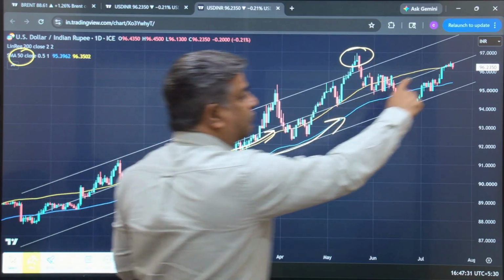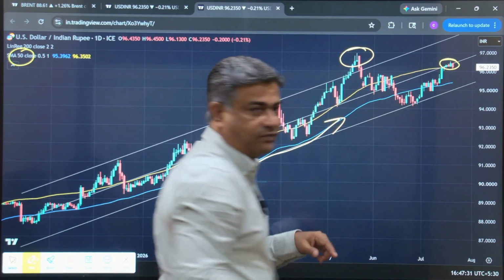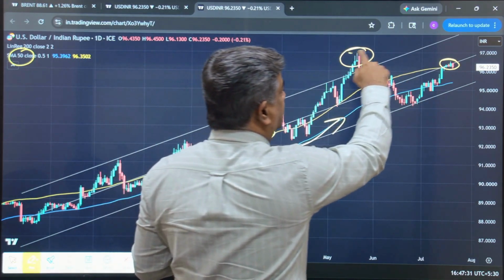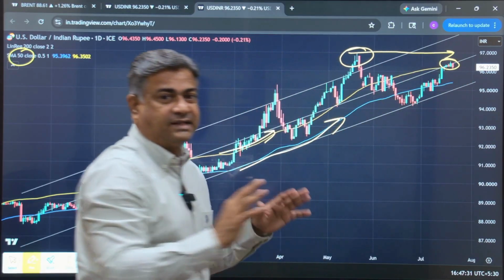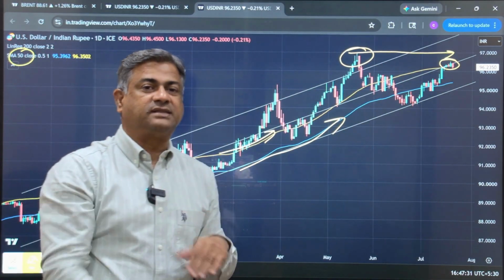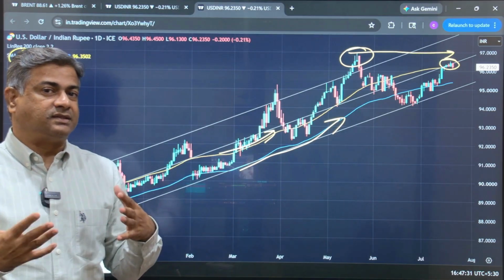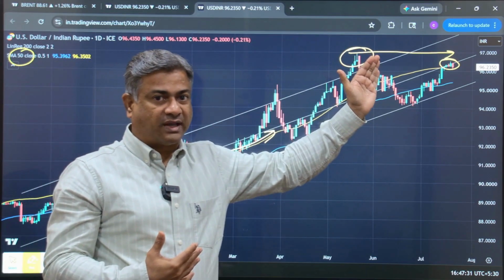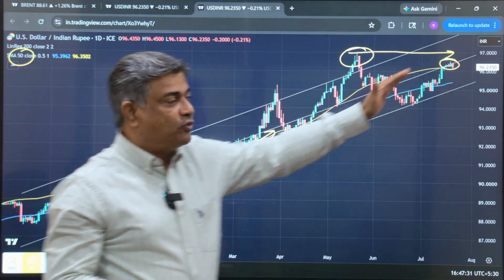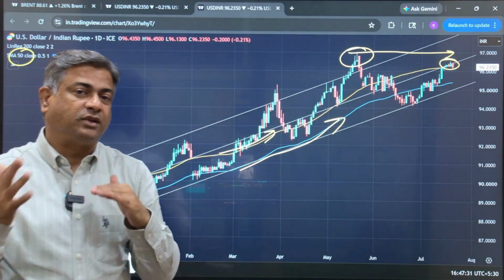Now we are close to 96.50. So this region of 96.80, 90, close to 97, that will act as a resistance because it was the previous all time high. And now we are close to around 96.30, 50.